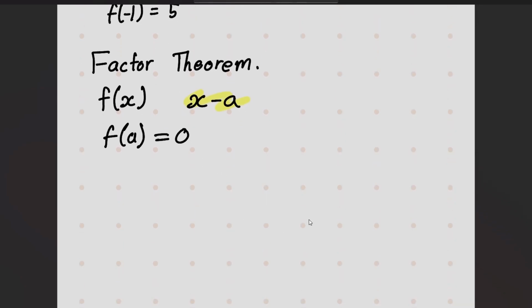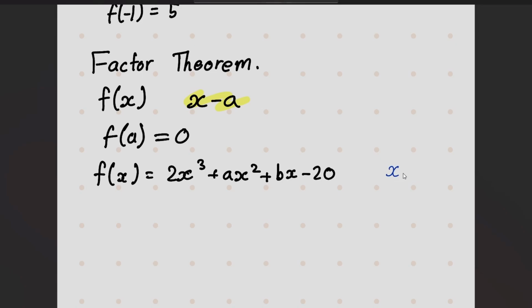So we're gonna take a look at an example of this. Say you had f of x is equal to 2x cubed plus ax squared plus bx minus 20. Say you divide this function with x minus 1, your function yields negative 42, which is your remainder now. And say when you divided it with x plus 1, your function gives 0, which means this is a factor.